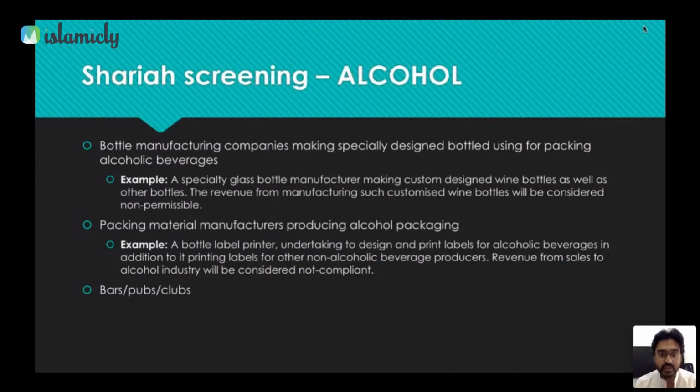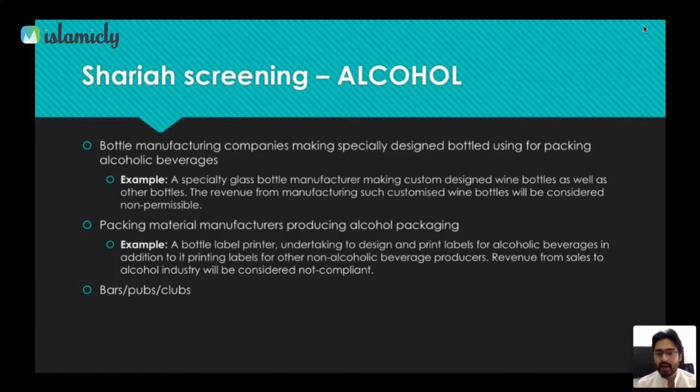Similarly, packing material manufacturers producing alcohol packing. Example: a bottle label printer undertaking to design and print labels for alcoholic beverages, in addition to printing labels for other non-alcoholic beverage producers. Revenue from sales to the alcohol industry will be considered non-compliant.